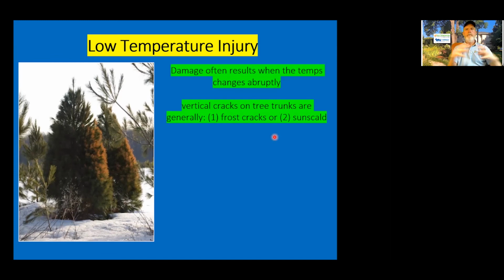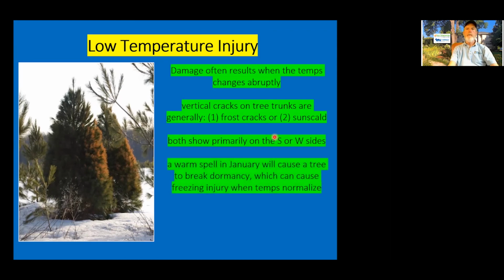It would push it out, and because the water is inside of there, it cracks the trunk. It shows primarily on the south or west side, because that's the side that's growing more, and it heats up and then it can cool down very quickly. A warm spell in January causes a tree to break dormancy, and then freezing in maybe April can cause that damage.